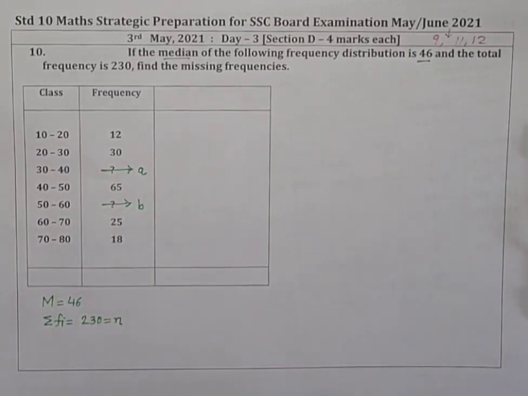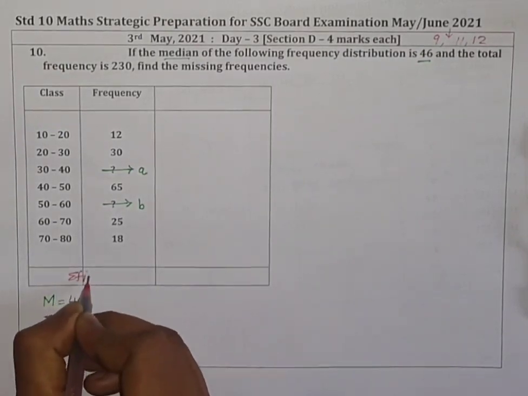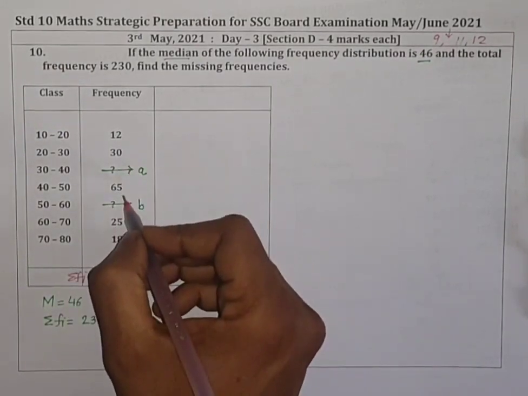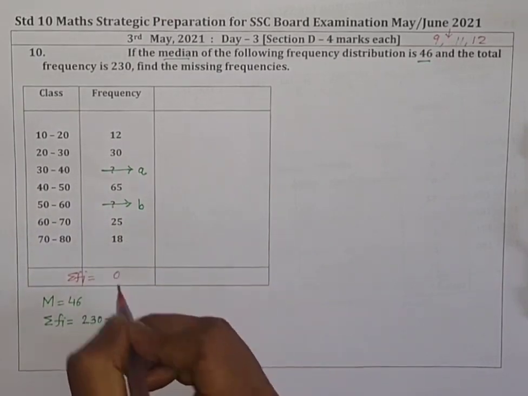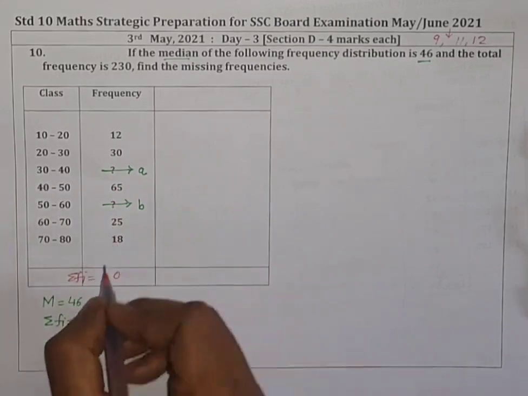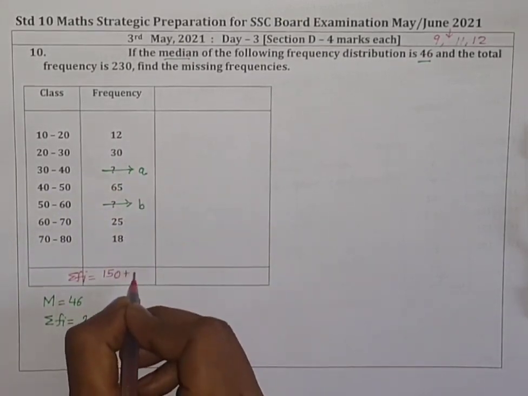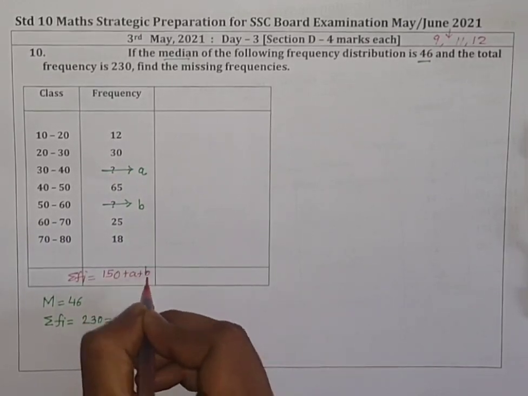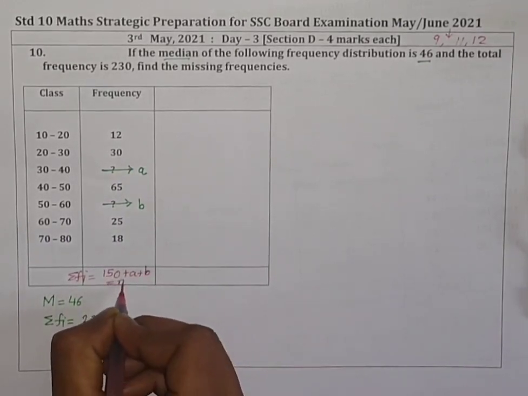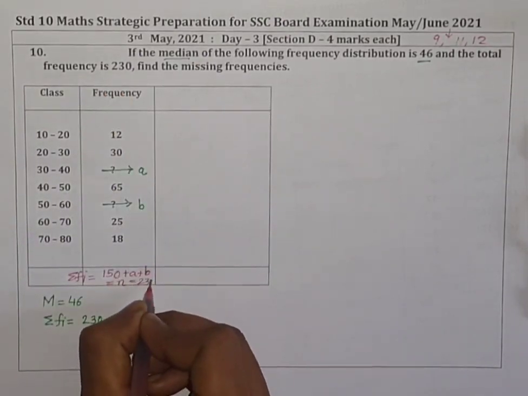First let us find out the sigma Fi. 2, 12, 20, 2, 3, 6, 12, 14 and 15, plus A plus B. Children, that is equal to n, and the number of observations is 230.